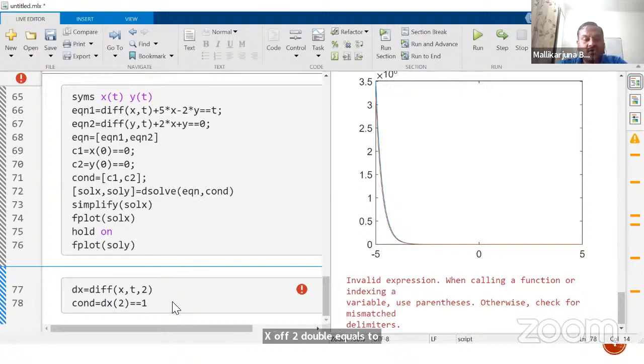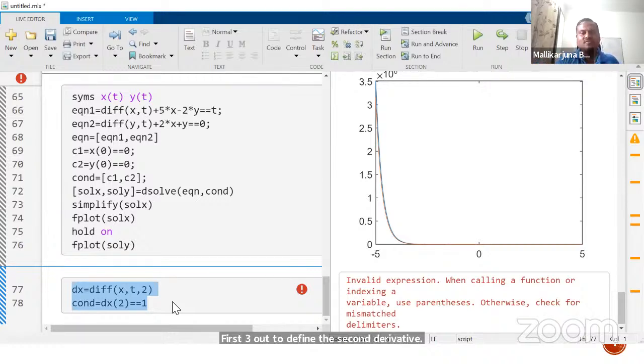This is how you need to give it for the double derivative condition. First, you have to define the second derivative and store it in a certain variable. And from that variable, you define the condition for that, dx of 2 double equals to 1.